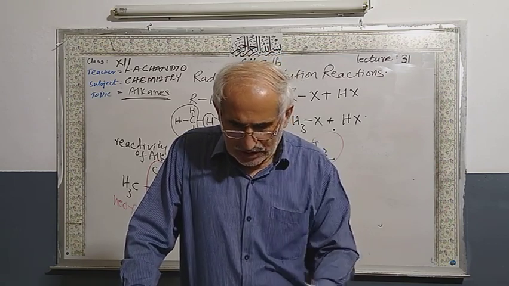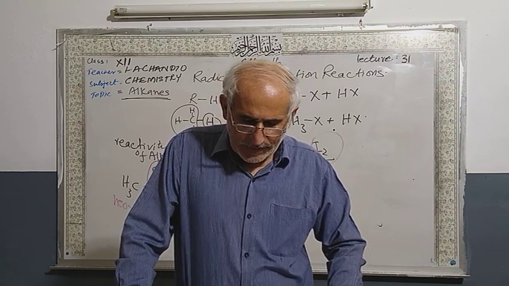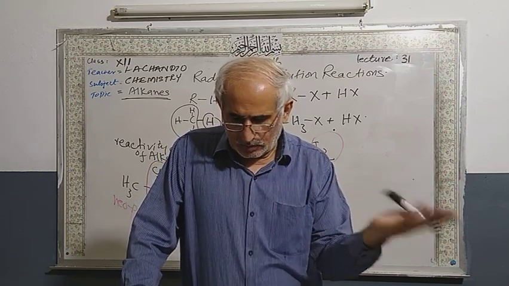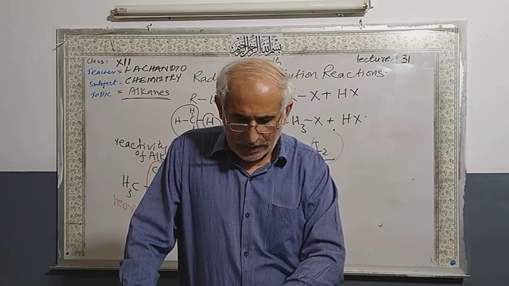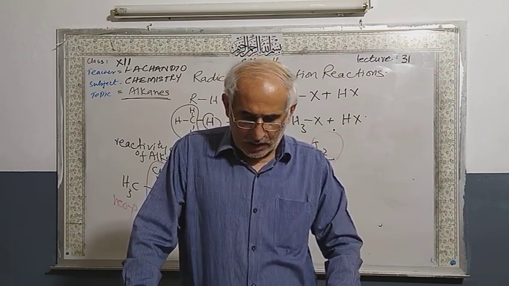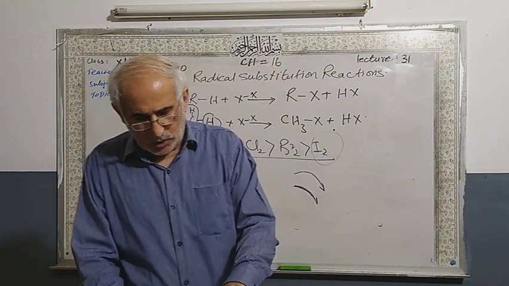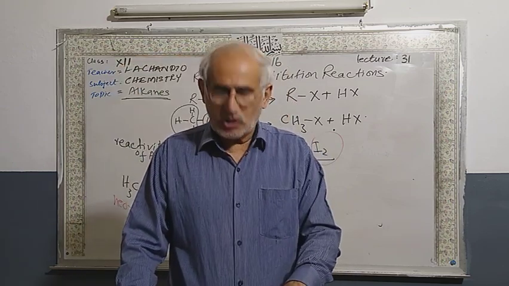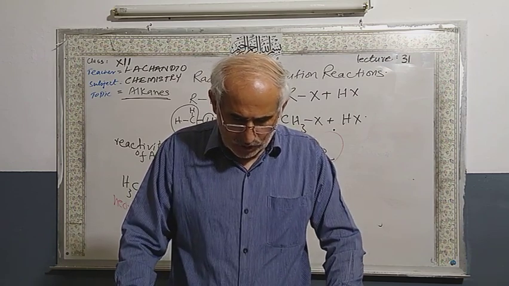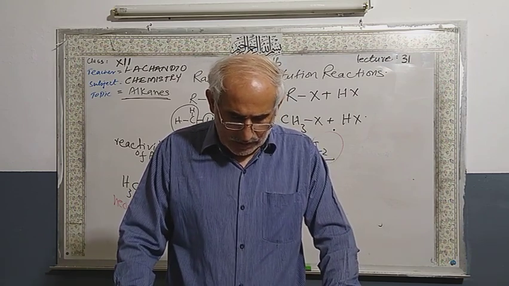So you can see this one: between the hydrogen and chlorine the bond is going to be cleaved, between hydrogen and chlorine a bond is going to be formed, and between chlorine and chlorine the bond is going to be dissociated. So these curly arrows show the movement of electron pairs.